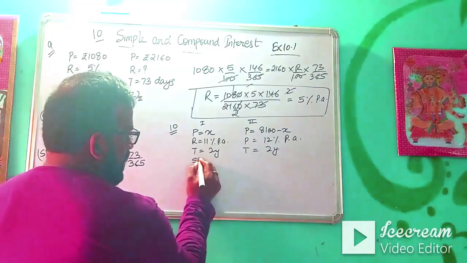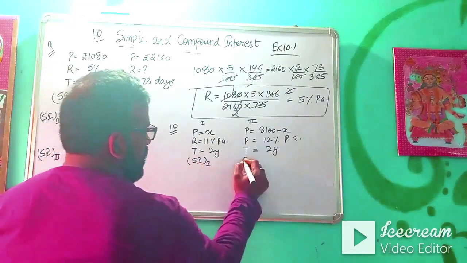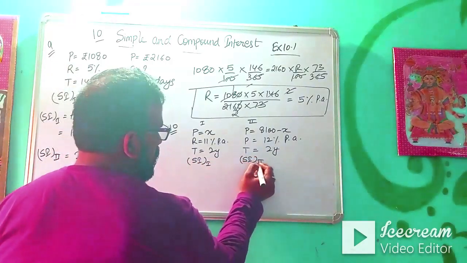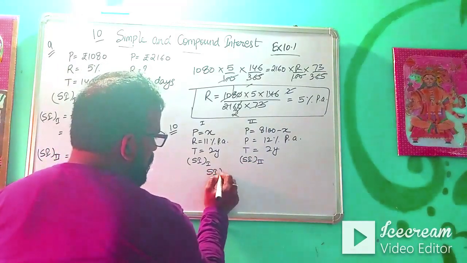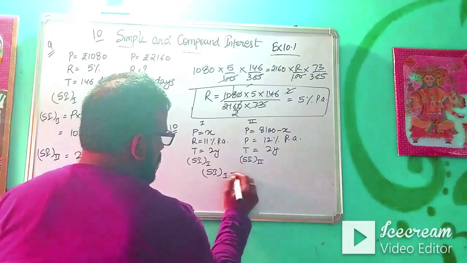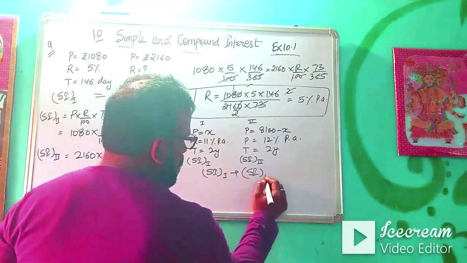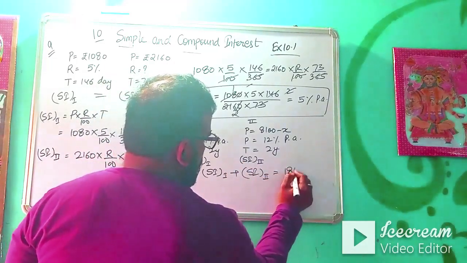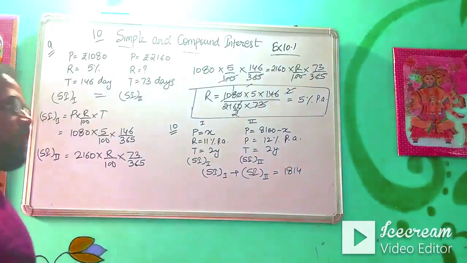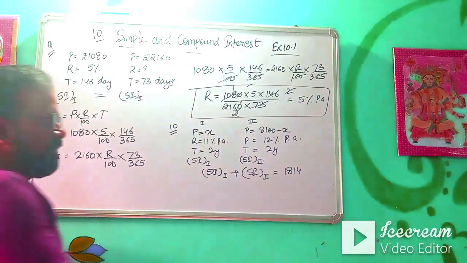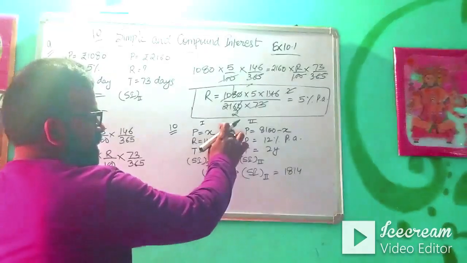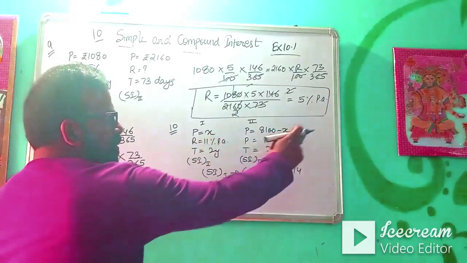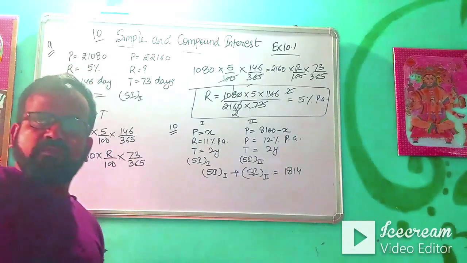So if this is SI1 and this is SI2, what is given? Given is simple interest 1 plus simple interest 2 is equal to 1814. The sum of the interest earned by investing the money in two schemes is 1814.